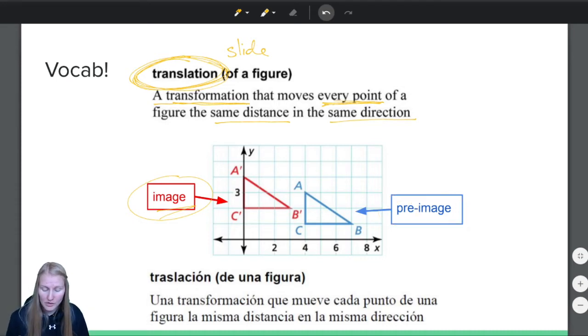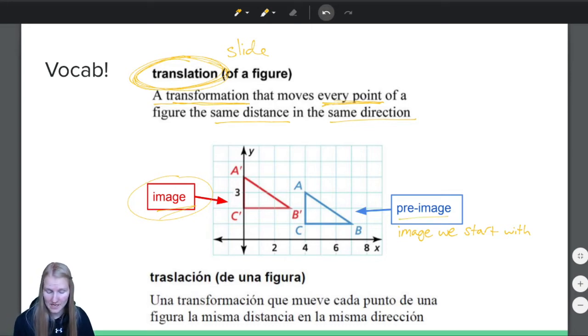So the pre-image is the image before you move it. The pre-image is the image we start with, the picture we start with, the shape. Image just means the shape, the picture. So the pre-image is the image we start with.